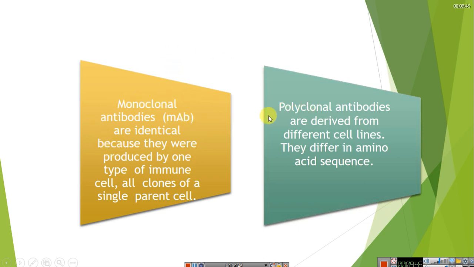And polyclonal antibodies are derived from different cell lines, more than one. One cell or its clones produces a single type of antibody whose amino acid sequence is all the same. But here different molecules will have different amino acid sequences.